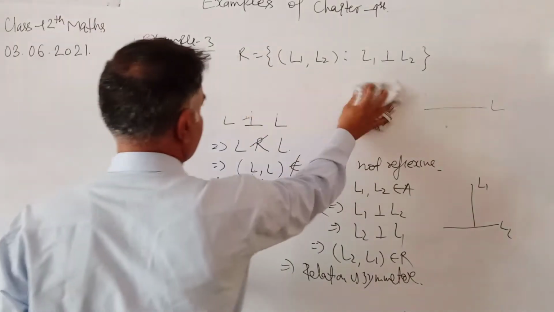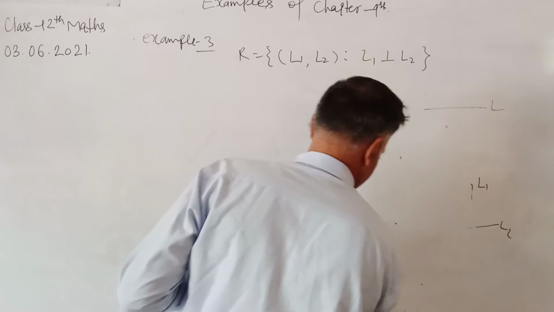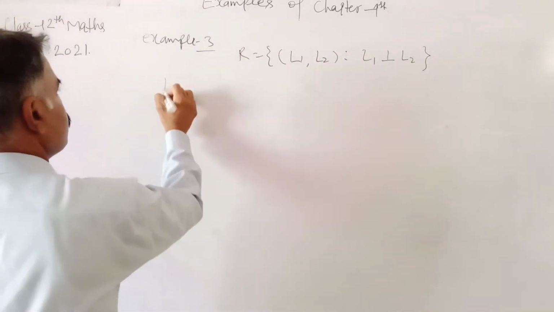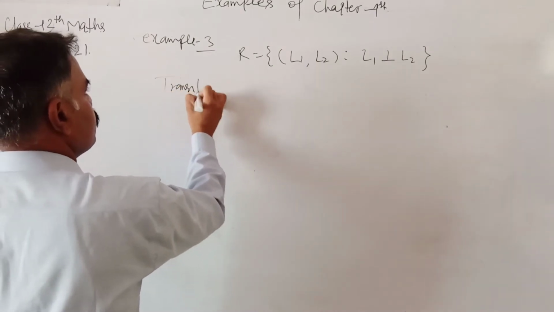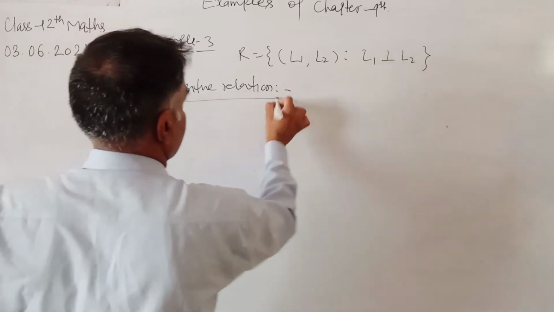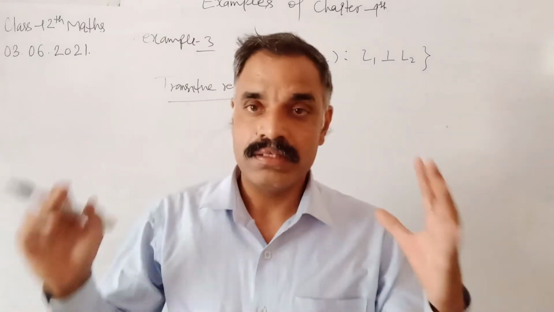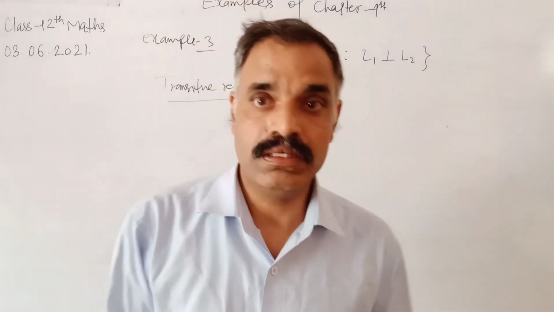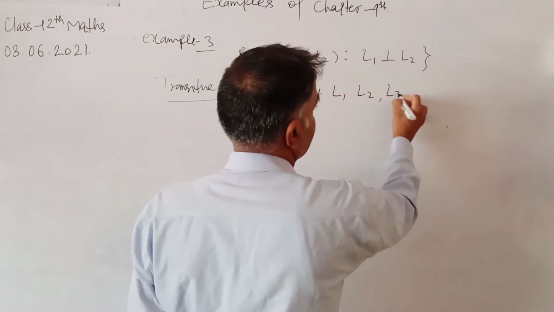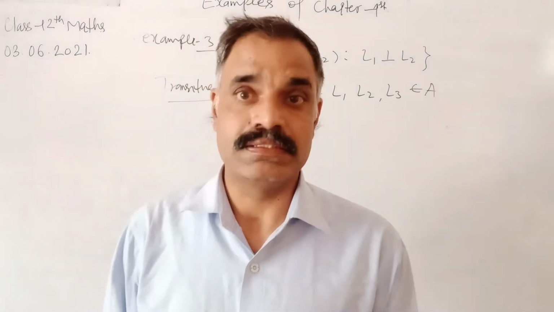Transitive relation means we require three lines. So let L1, L2, L3 belong to the given set of all lines in a plane.